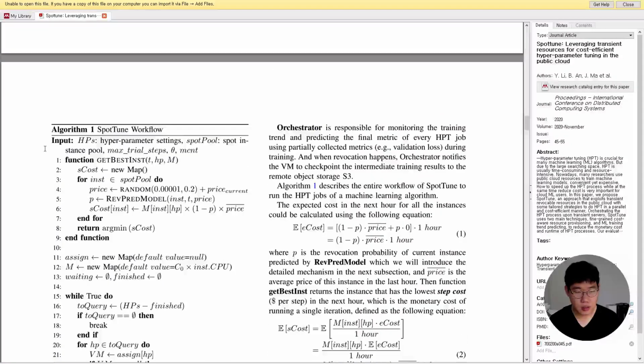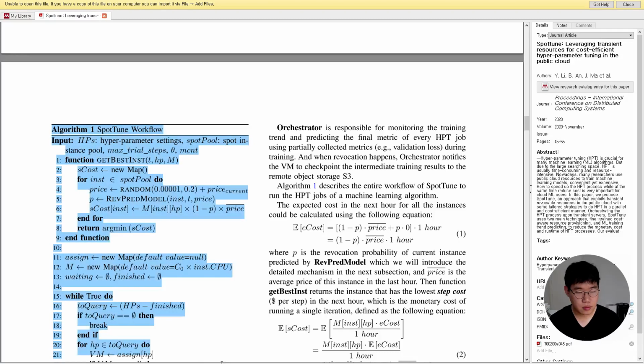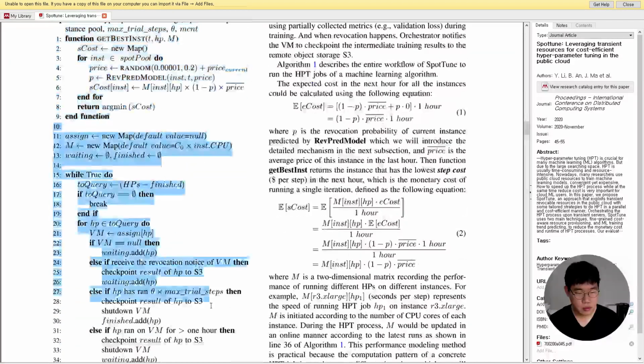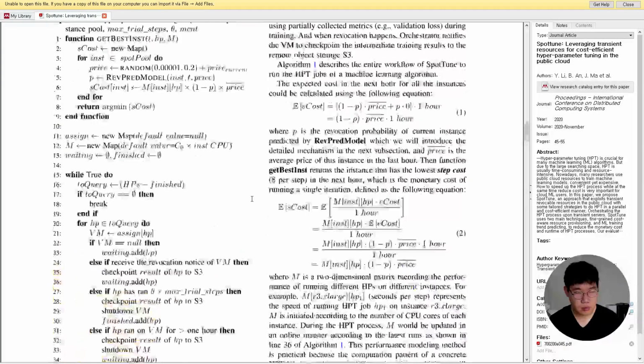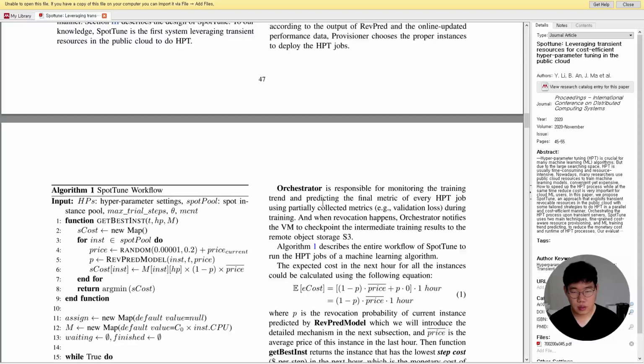Algorithms. SpotTune workflow. The orchestrator is responsible for monitoring the training trend and then predicting the final metric of every HPT job using partially collected metrics, for example validation loss during the training.